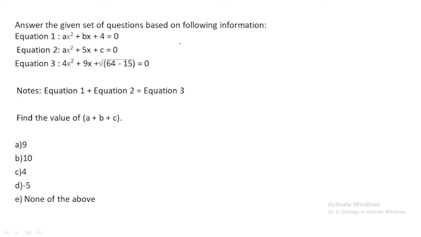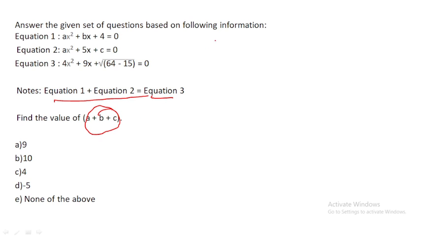Equation 3: 4x square plus 9x plus square root of 64 minus 15 equal to 0. And one relation is given to us. There is a note: equation 1 plus equation 2 is equal to equation 3. Now, what are they asking? They are asking the value of a plus b plus c.